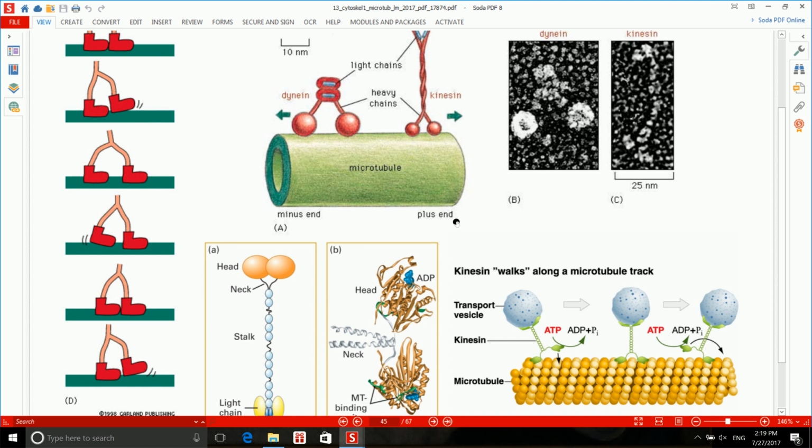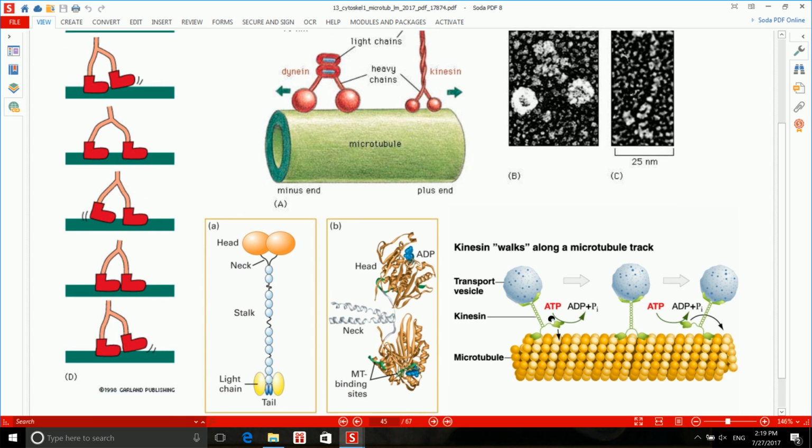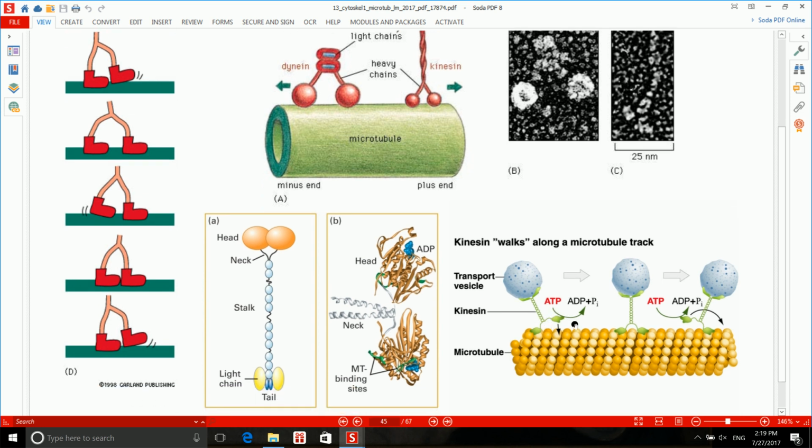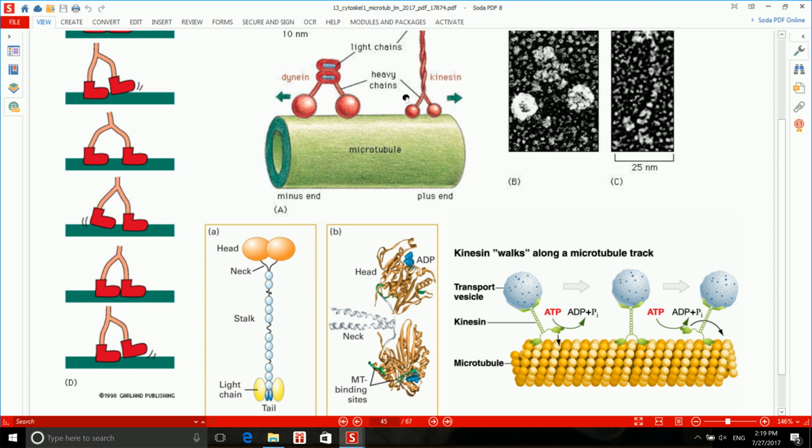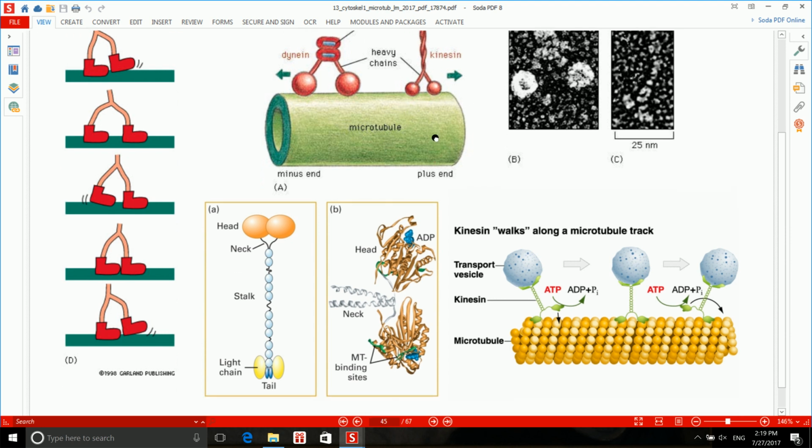And the way that they move is that they have two heavy chains on the lower end, on the end which attaches to this microtubule, and these two heavy chains basically act like feet.